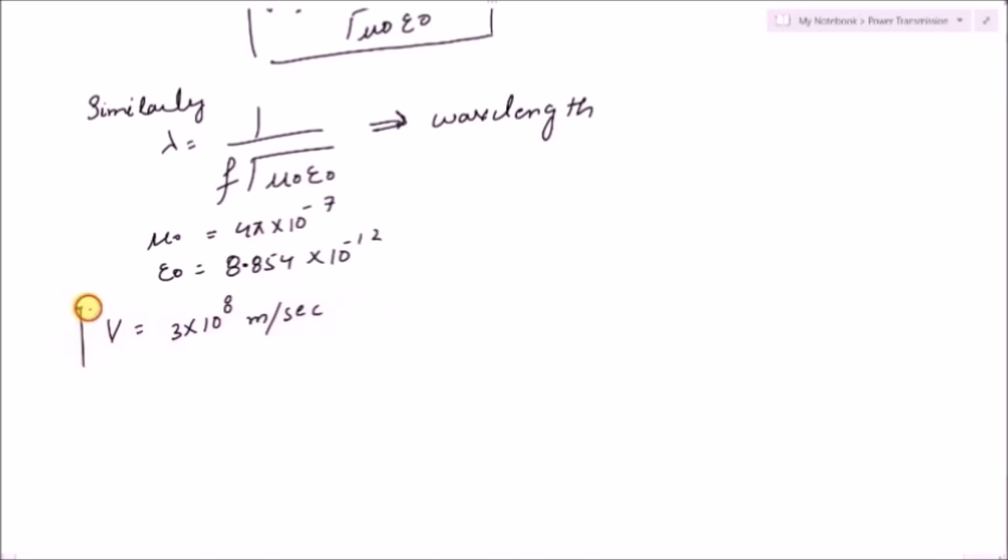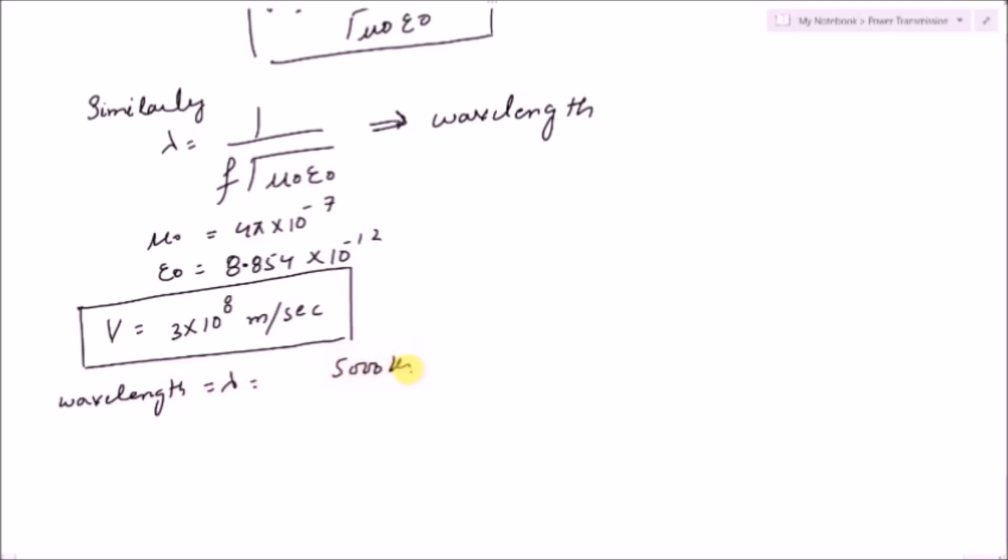So the voltage and current waves have a velocity equal to the speed of light, and the value of wavelength will be 5000 kilometers if we are taking frequency 60 Hertz, and it will be 6000 kilometers if the value is taken to be 50 Hertz.